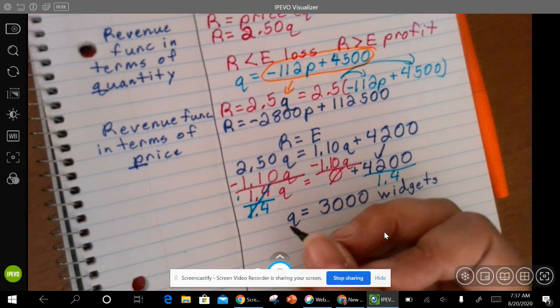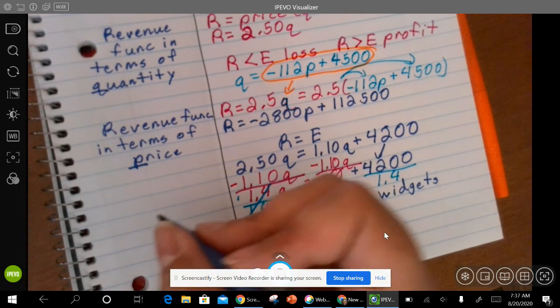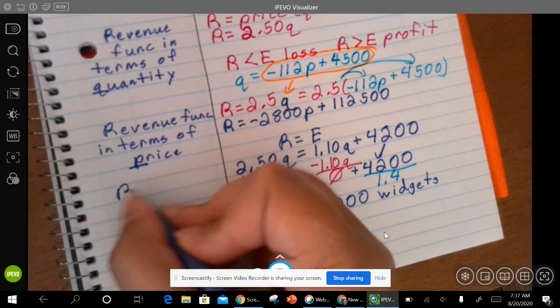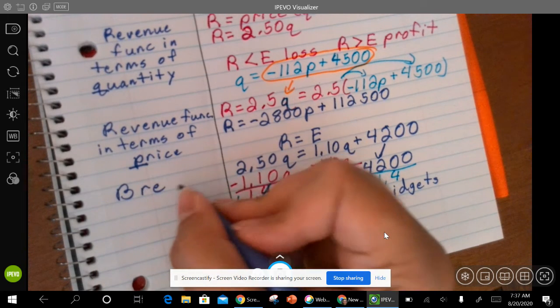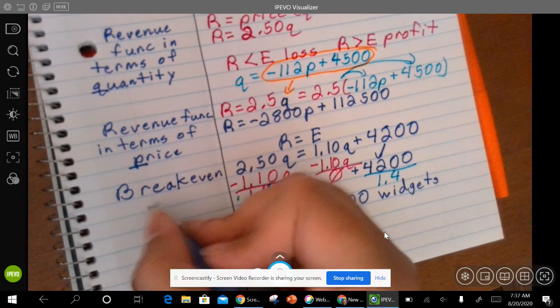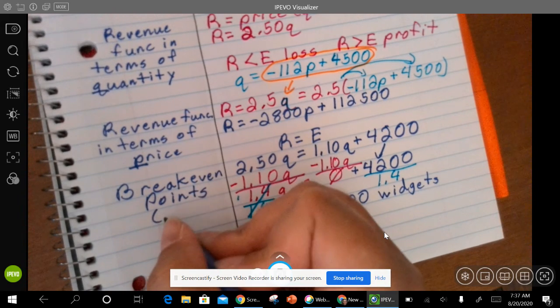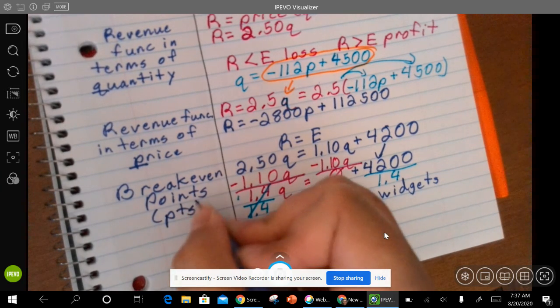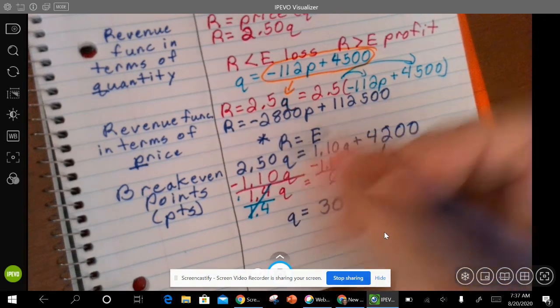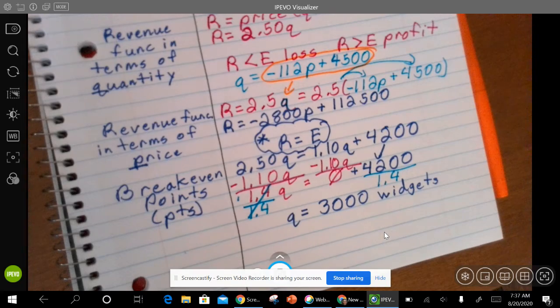Okay, so this is solving for our break-even point, where the revenue equals the expense. I cannot emphasize this enough, everybody. Revenue equals expense. Okay. Next section, we're going to do this with graphs.